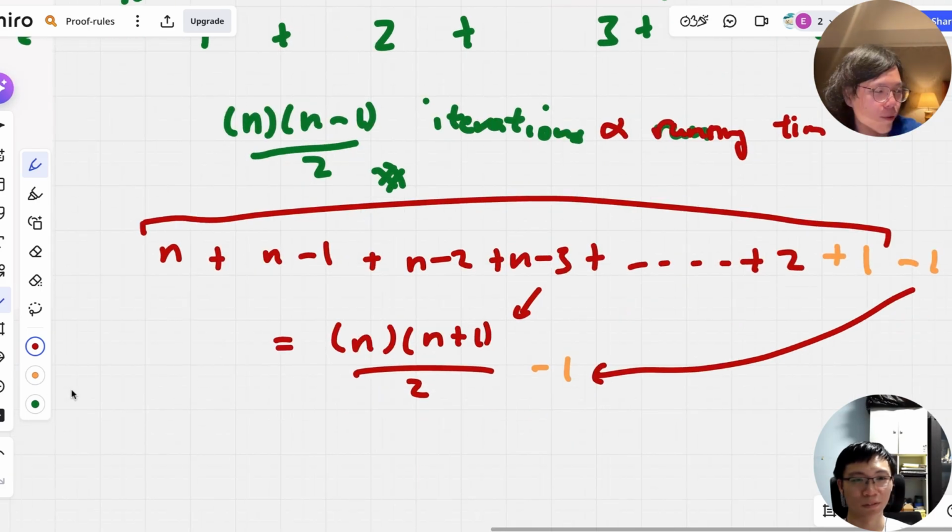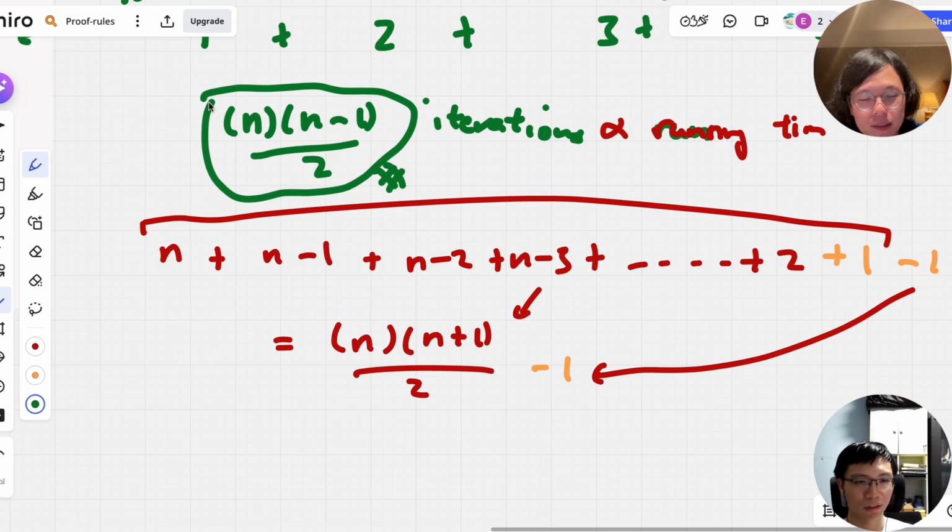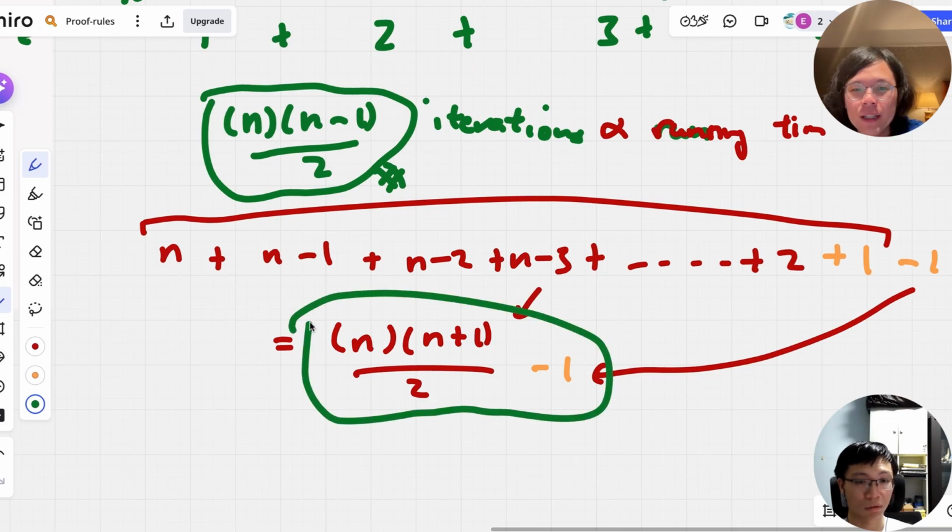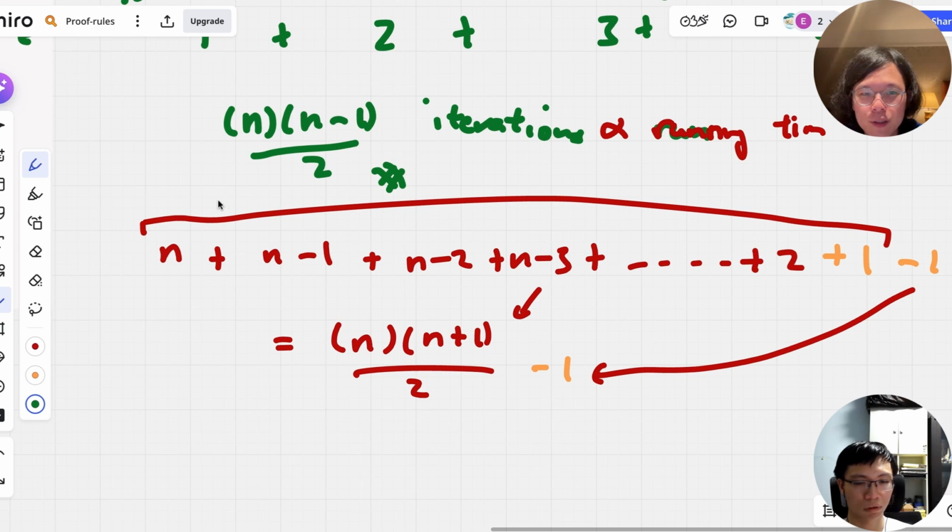Okay, so we have two different functions. One of them says that we do this many iterations, and the other says that we do this many iterations. At first you might want to look at these two curves and say that one curve is better than the other, because these are our ways to predict running time, right?